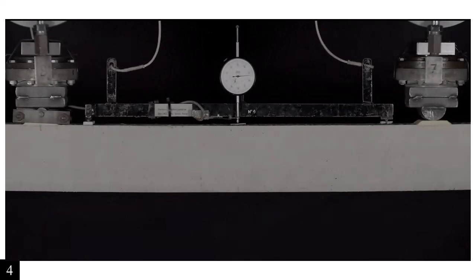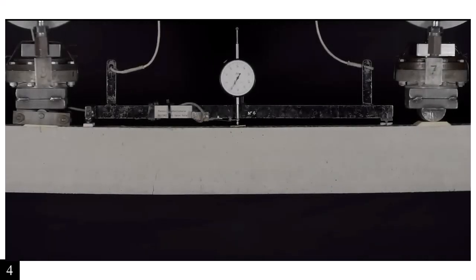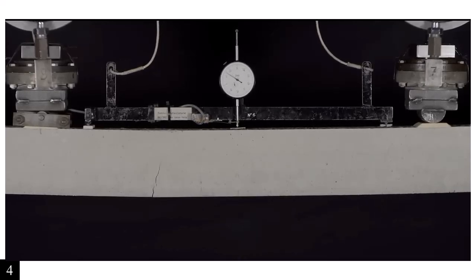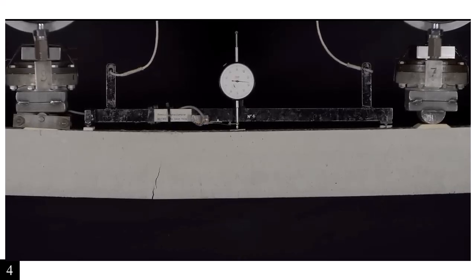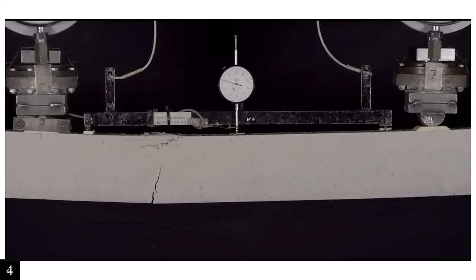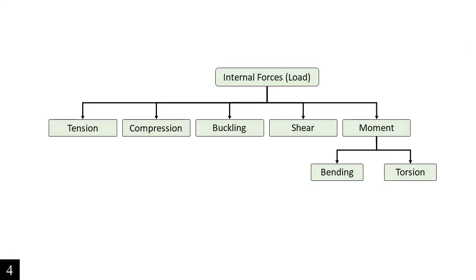Now let's watch closely. So you can see that there is a crack that slowly builds up in the bottom of the beam. That is the indication of the bending failure.